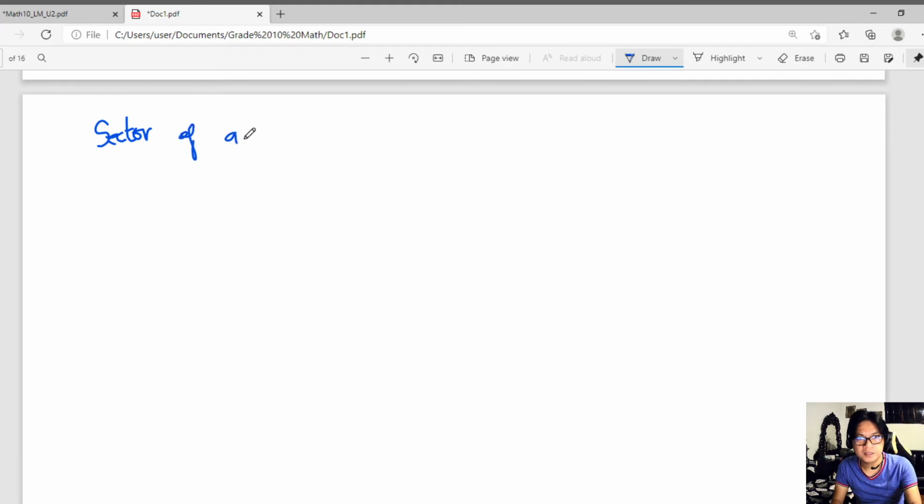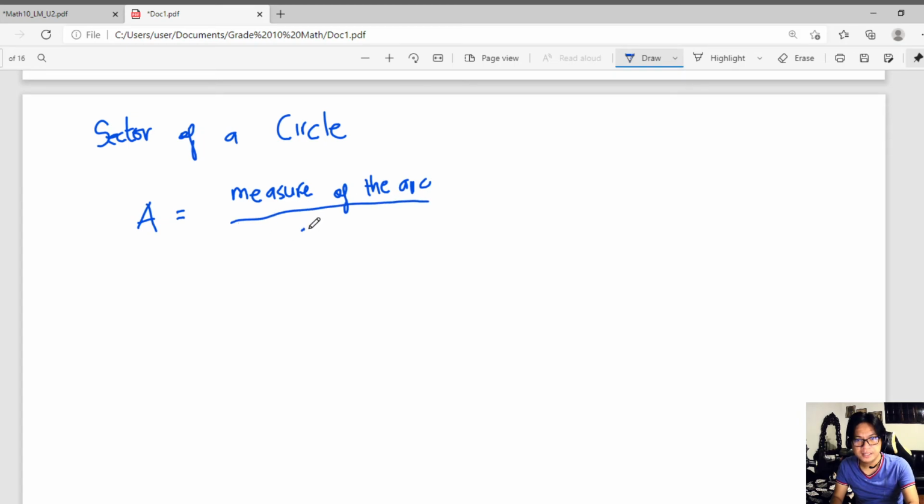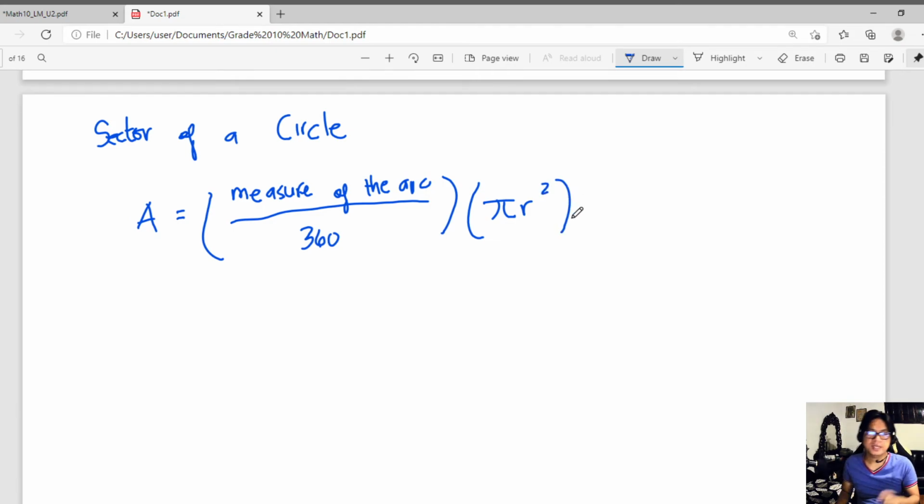The area of the sector of a circle is equal to the measure of the arc over 360, times the area of the circle, which is pi r squared. That is the formula in finding the area of the sector of a circle.